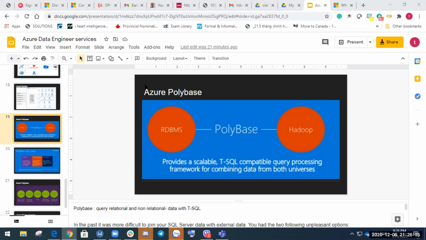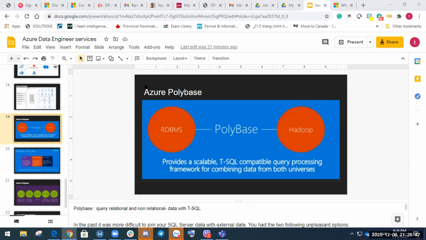For example, if you have data in a database, on SharePoint, in Excel, or in your Hadoop data lake, it helps you query data from multiple sources without having to transfer all of the data into one place, and without having to convert the format of the data into one format, for example JSON to a SQL relational database.